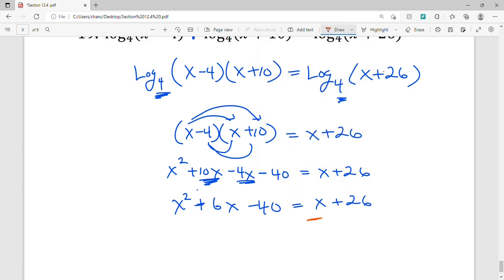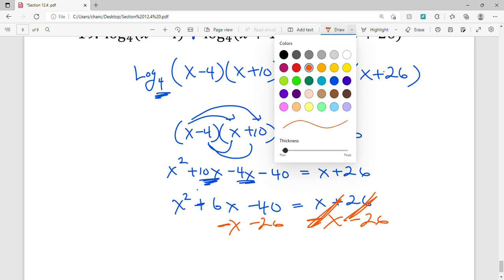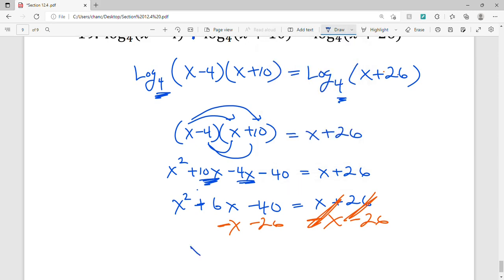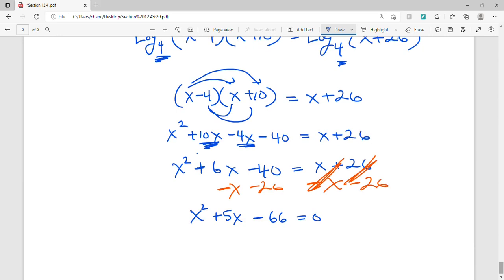We'll subtract the x to both sides, and we'll also subtract the 26 to both sides. I have x squared plus 5x minus 66 is equal to 0. And so you can see this factors as x plus 11 times x minus 6 is equal to 0.